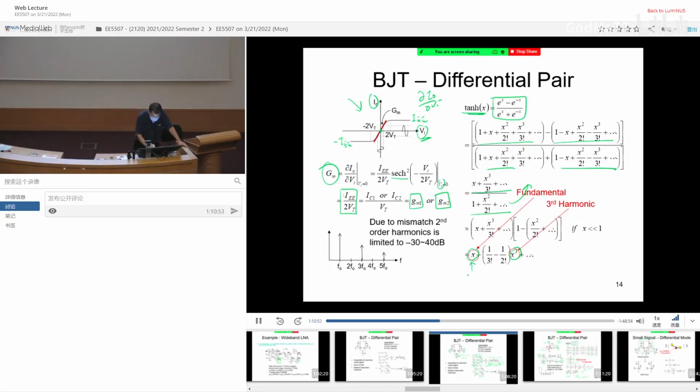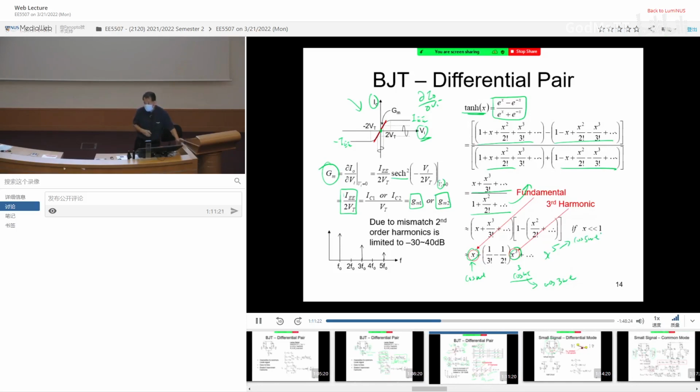If your input x is cosine omega t, this circuit is going to generate cosine omega t to the power of cube, which can be converted into cosine 3 omega t, the third harmonic. Same thing, x to the power of five gives cosine 5 omega t, the fifth harmonic. So ideally, the differential pair only exhibits odd harmonics.